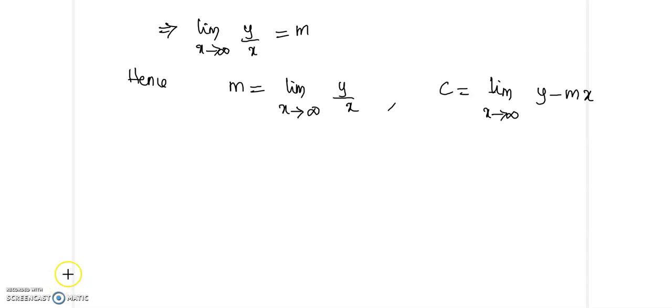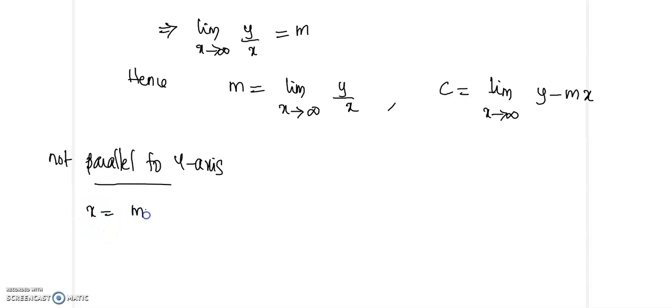Now for finding the equation of asymptotes that are not parallel to the y-axis. The way of finding the asymptote is similar, but instead of y equal to mx plus c, here you will have the equation x equal to my plus d, and we need to take y approaches to infinity.